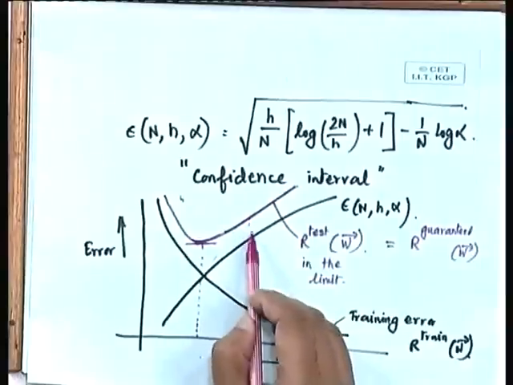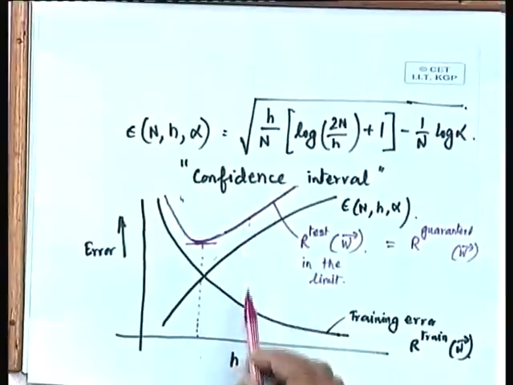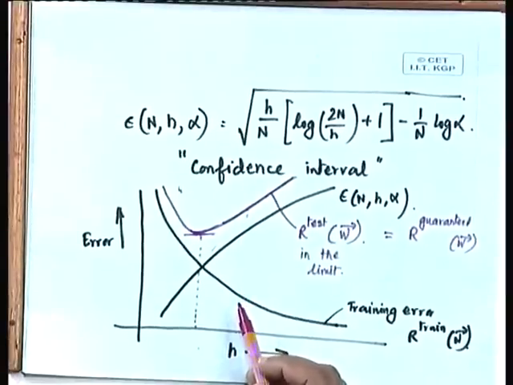If we consider unnecessarily a larger VC dimension, we may feel happy that the training error is much less, but in the process of making the training error better, we will be rather making the characteristic more vulnerable to the test error.